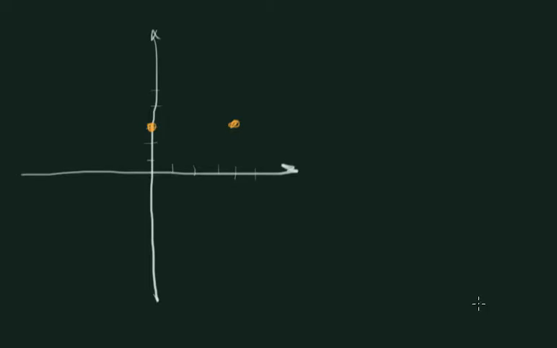Now, can we draw a line between those 2 points? Sure, we can draw a line between 2 points, okay? Could I find the distance of that line? Yes, I could find the distance. I could basically count right here. Can I find the midpoint of the line segment? Yes, I could find the midpoint as well. All right, so those are some basic concepts.